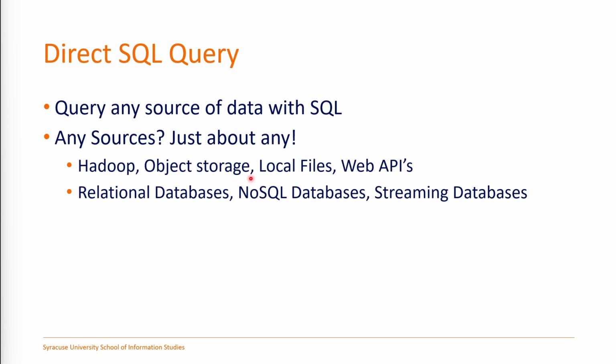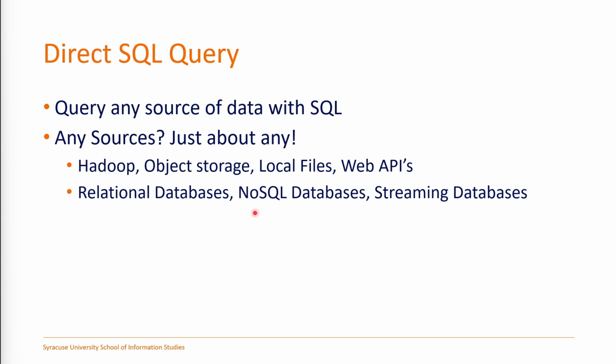But you can also read databases. So you can read relational databases, NoSQL databases, streaming databases, document databases, graph databases. You can read a lot of different types of NoSQL databases. And this gives us a universal way to query anything with a tool that we're familiar with, SQL, in spite of the fact that the database that we want to query maybe doesn't support SQL.